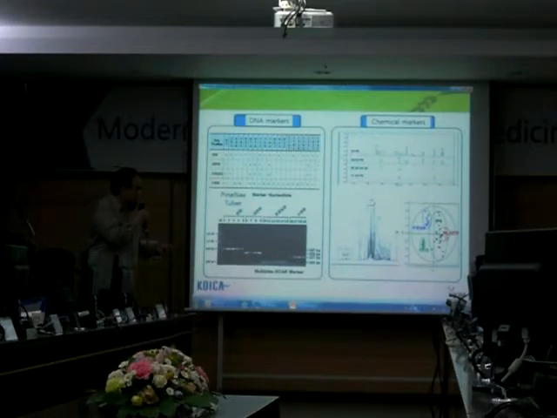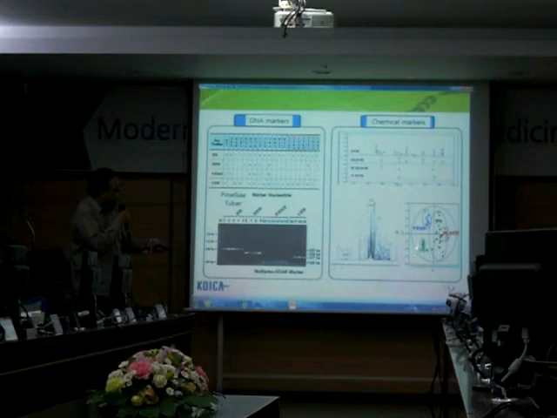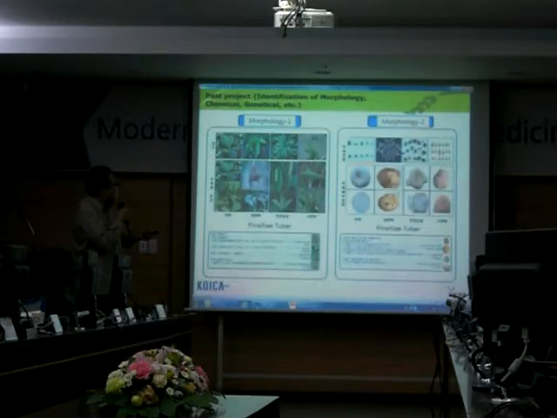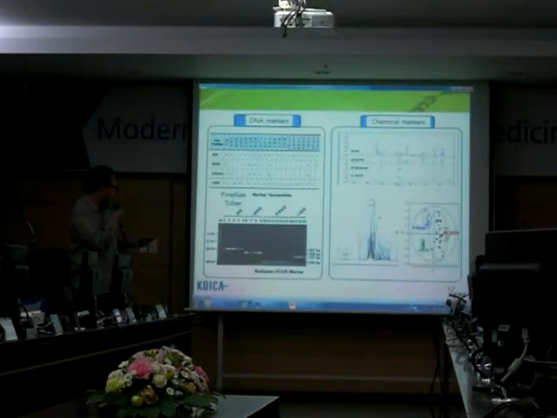We also have a profiling group, with some statistical analysis. So we have a morphological analysis method, a genetic DNA marker, and third, a chemical marker. Using three methods, we can identify the right medicine.